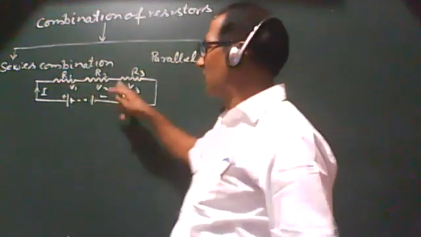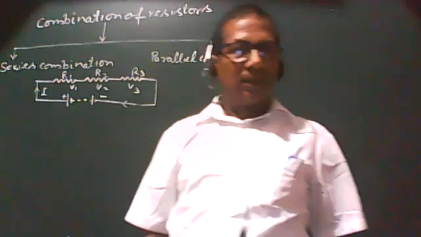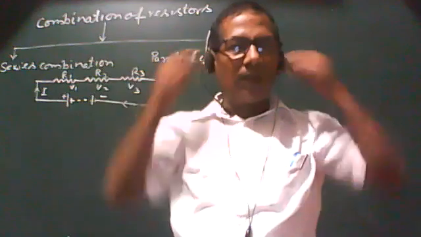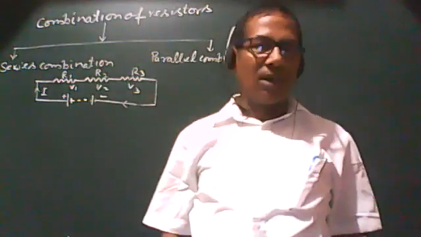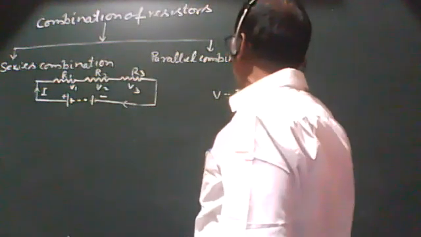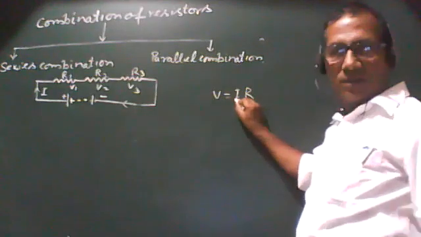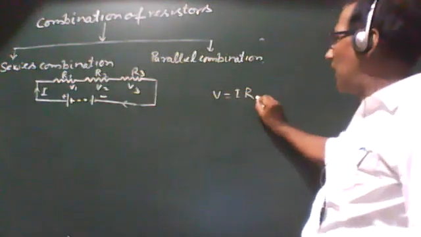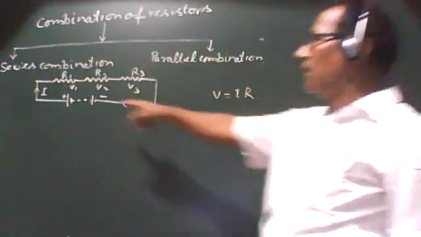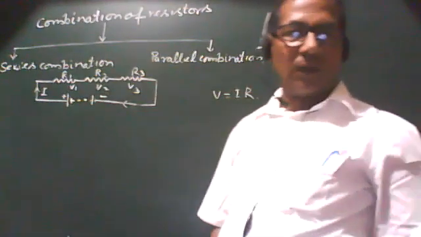That is I. But since the values of R1, R2 and R3 are different, the potential differences are different. You know that V is equal to I into R by Ohm's law. If I is constant, then when R changes, V will change. That's why the voltage of all resistors will be different.